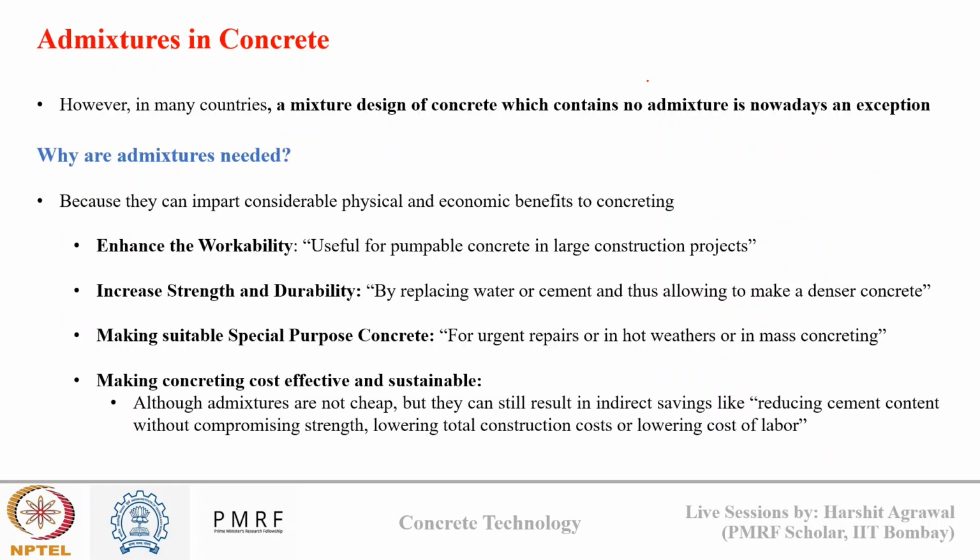Though we say that admixtures are an optional entity, in reality, in many countries, preparing a concrete mixture without using admixture is exceptional. It is very commonly used, and it is not anymore an optional entity. It is a must entity in concrete.